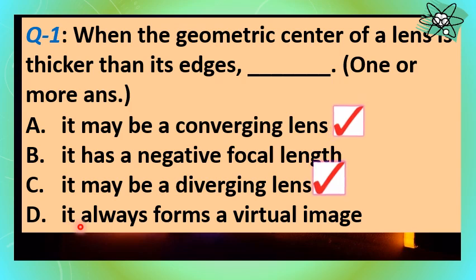Option D, either, is not necessarily true, right? It says here, when the geometric center of a lens is thicker than its edges, it always forms a virtual image, all right? So a lens with its geometric center thicker than its edges describes a converging lens.